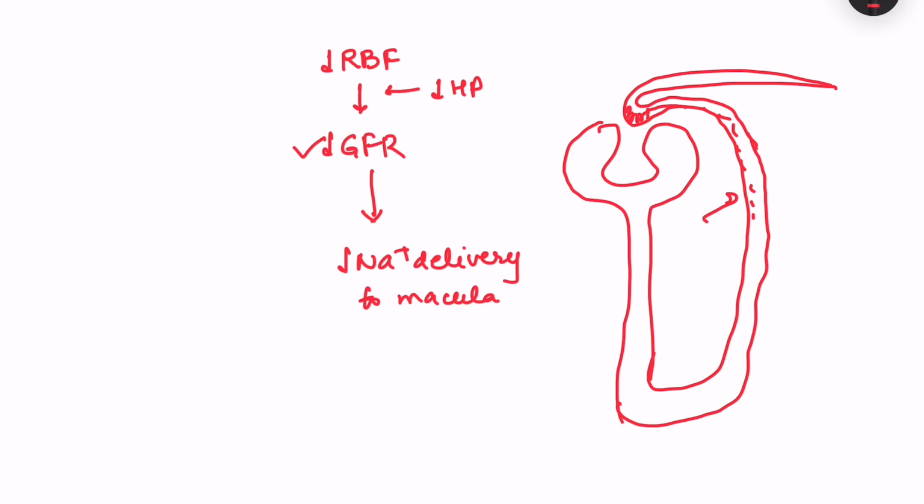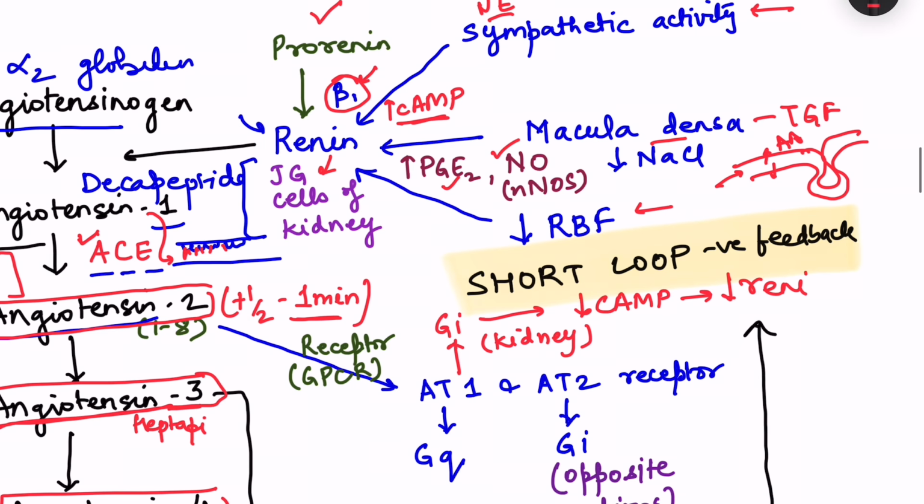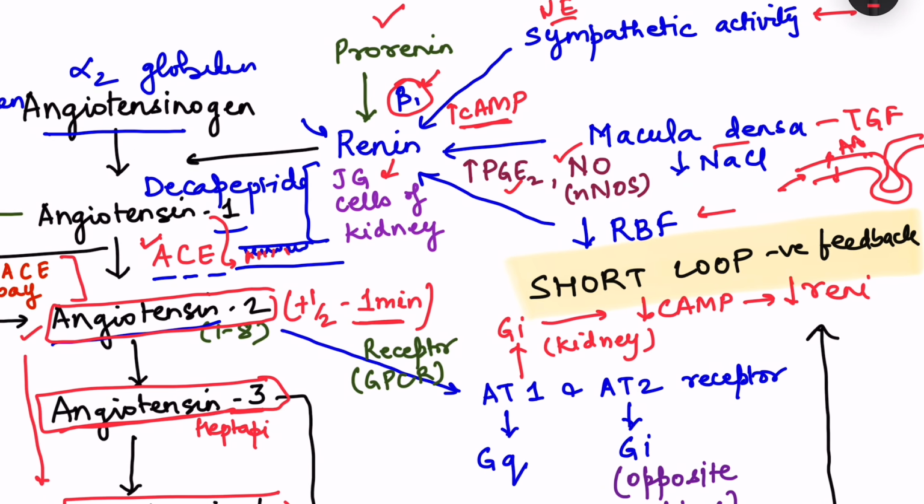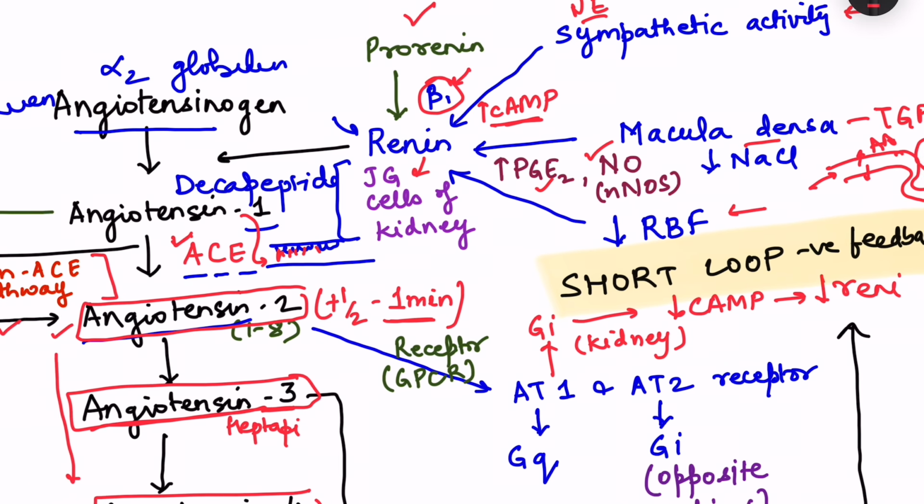So there is decreased sodium delivery to the macula densa. And when this happens, there is release of certain transmitters. Actually, there is a decrease in release of adenosine, okay, and there is increased production of prostaglandin I2 and nitric oxide. So that is what we are seeing here. Prostaglandin I2 and nitric oxide form, which cause the release of renin from JG cells.